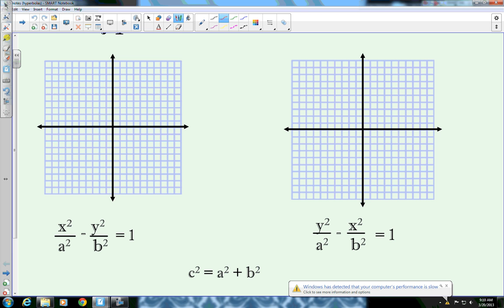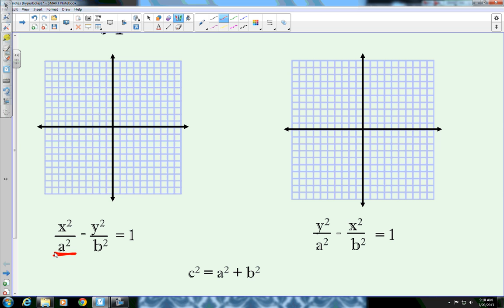If I have x squared over a squared, then the first variable is always the vertex in a hyperbola. It's different than an ellipse. It's not whichever's bigger, it's always the first one. So this one is x squared over a squared.